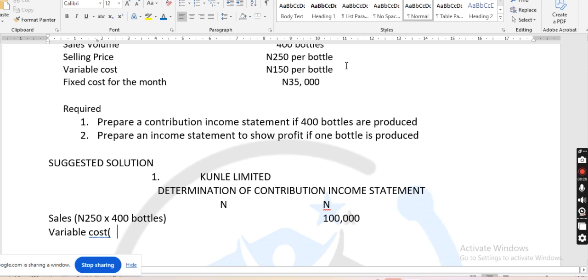The variable cost per bottle is 150. Don't forget that they say we should do for 400 bottles. If one bottle is 150 and there is a sales volume of 400, your variable cost is in line with your sales. So we have 150 times 400 bottles. We have 60,000.